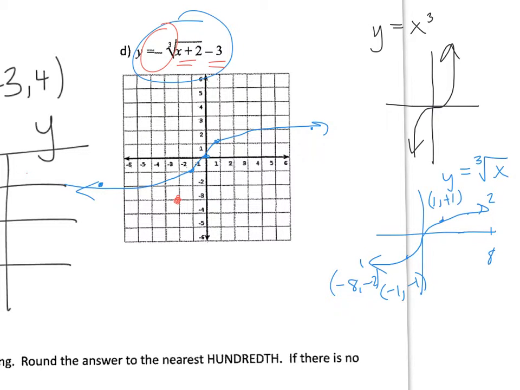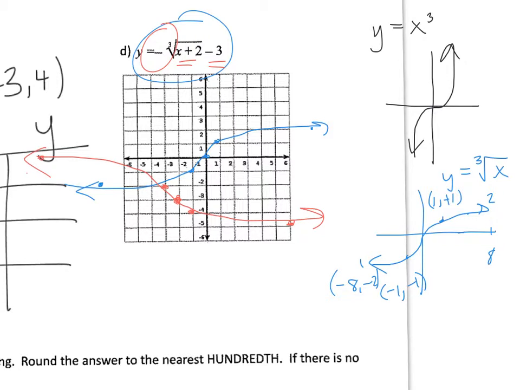So see how this goes up 1, right 1, this goes down 1, left 1? Well, I need to go opposite, so I'm going to go up 1, left 1, like this. And so my point corresponding to -8 is going to be about right here, and that one's going to be way over here. So it looks like this.